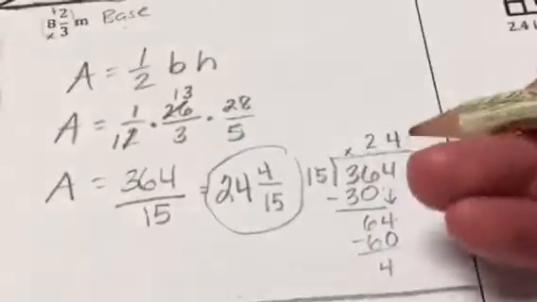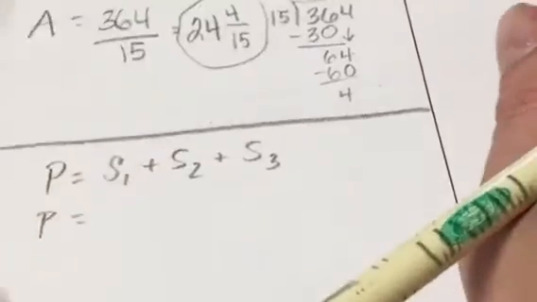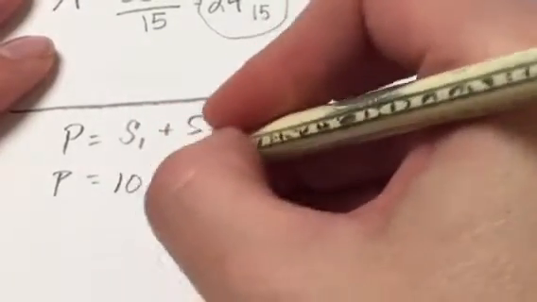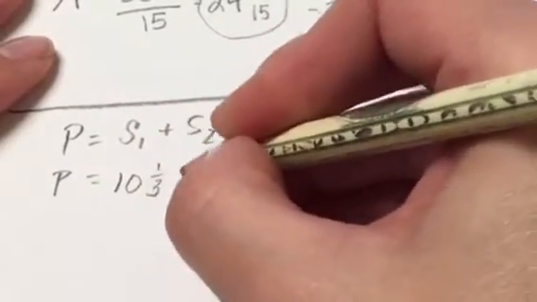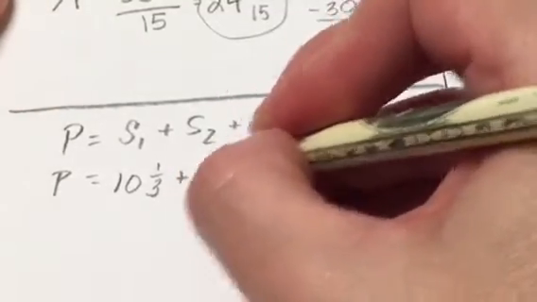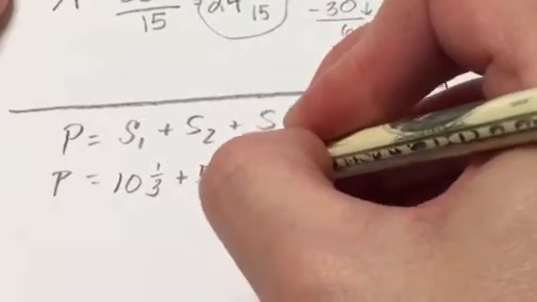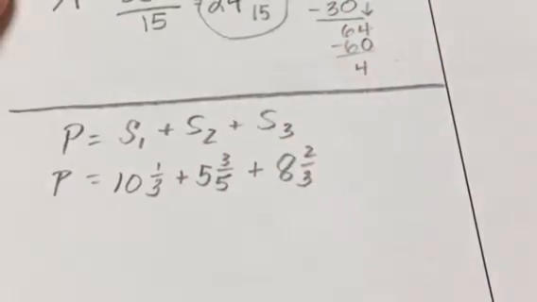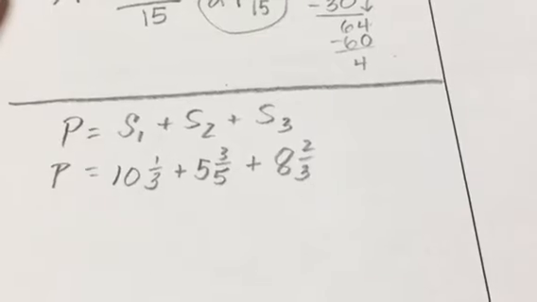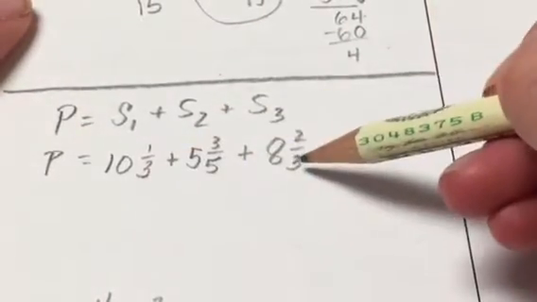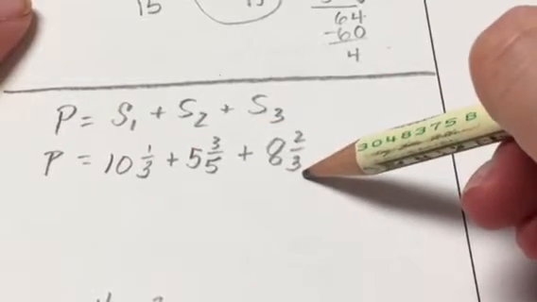So I still have those fractions. So I've got 10 1/3 plus 5 3/5 plus 8 2/3. Okay, so the first thing I'm going to do is I see that these both have common denominators.